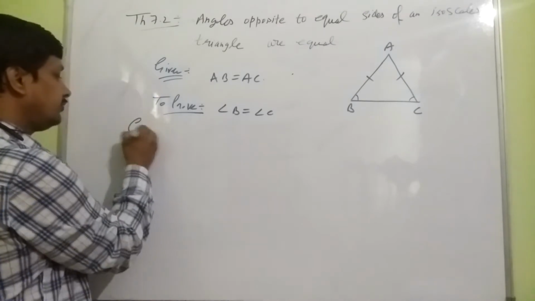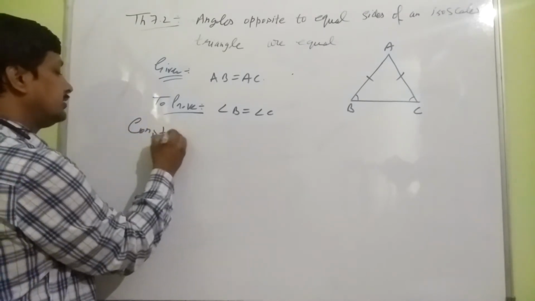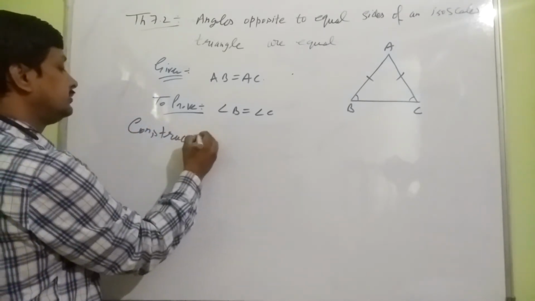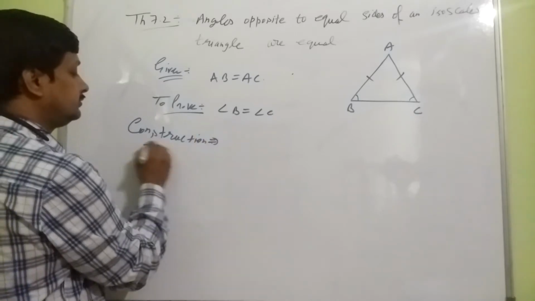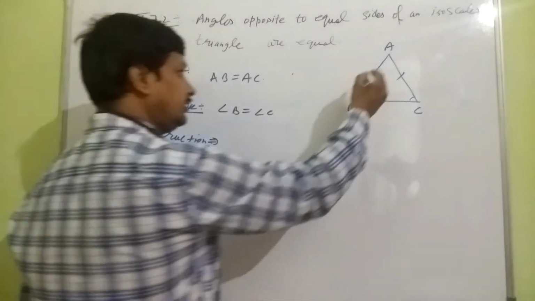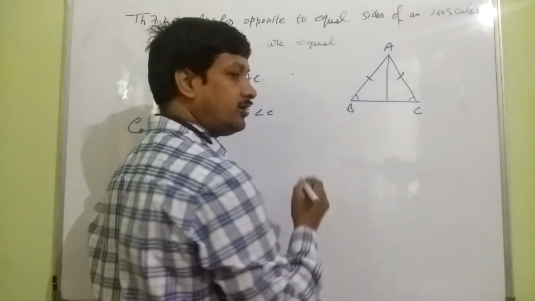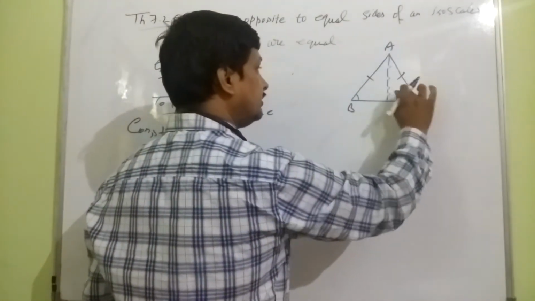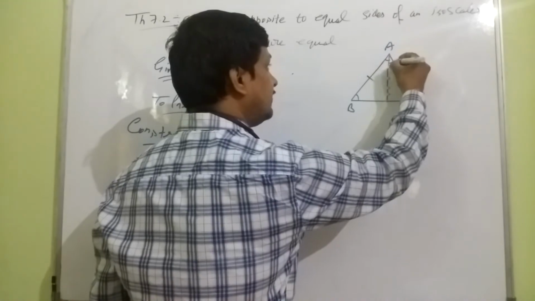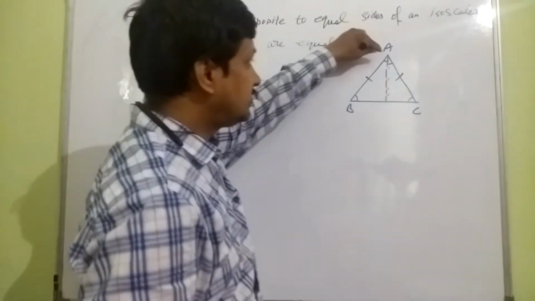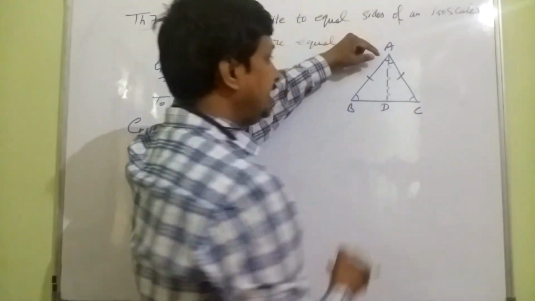For this we have to do a construction. We will draw the bisector of angle A. Suppose AD is the bisector.